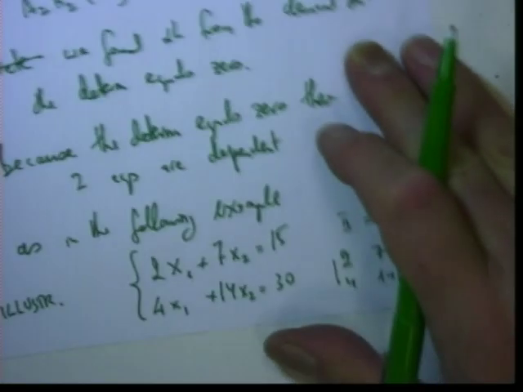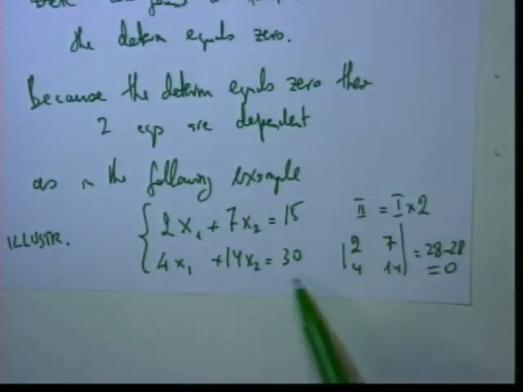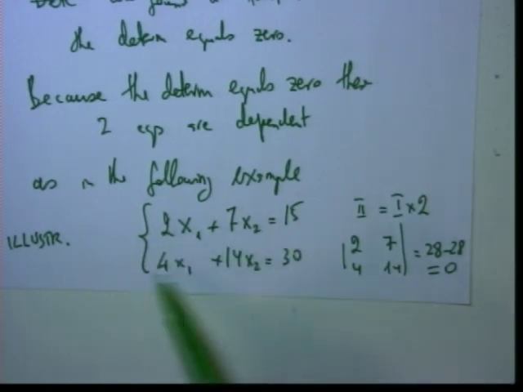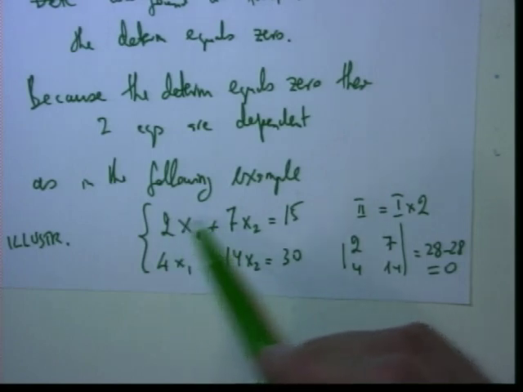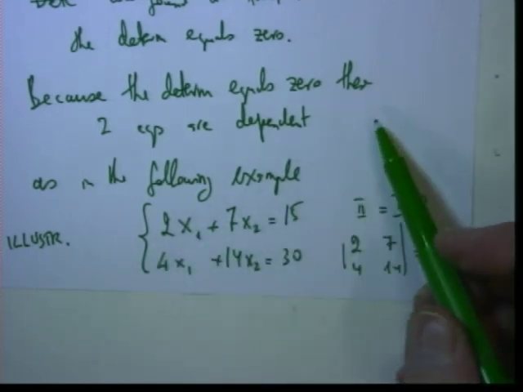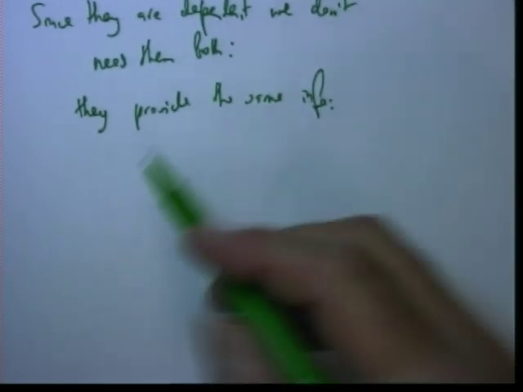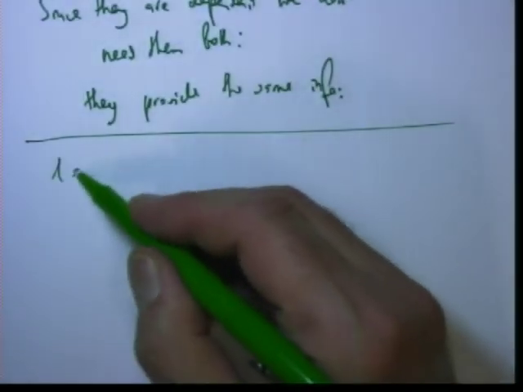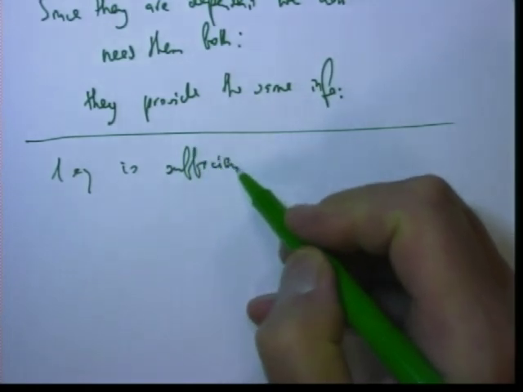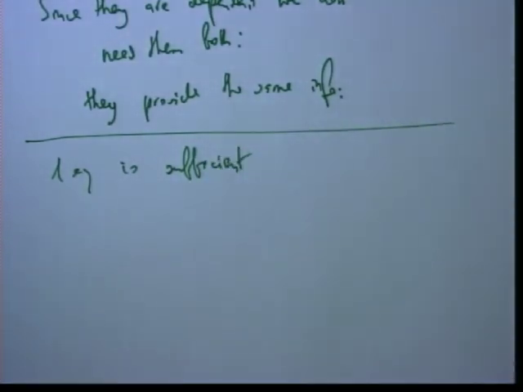Like here, look, this equation is the same information as here, just multiplied by 2. So once I divide it by 2, I will get the same thing. So I don't have to write it two times. It's the same information. So one equation is sufficient.